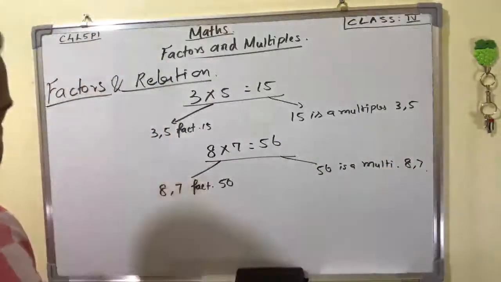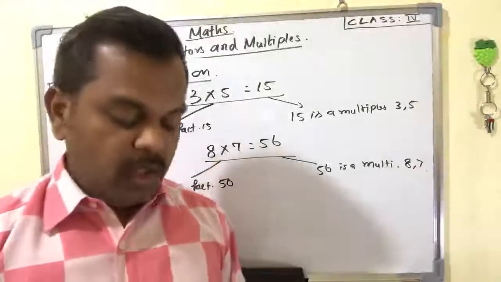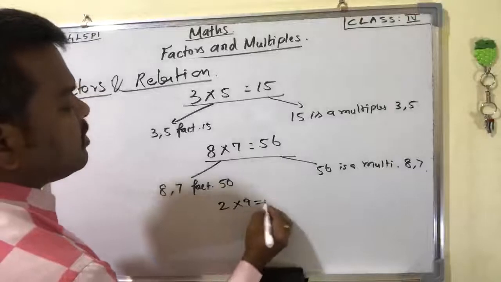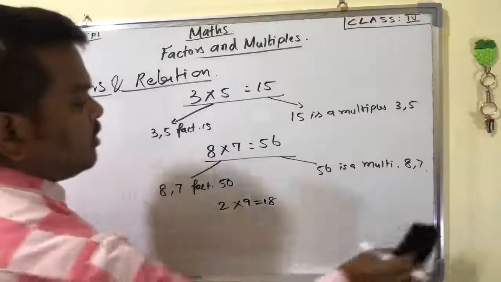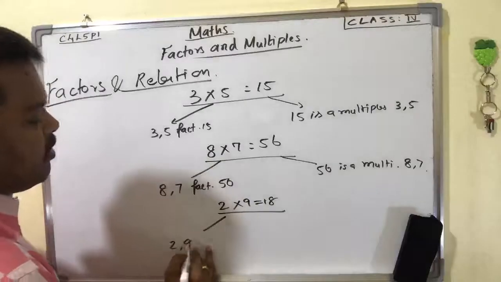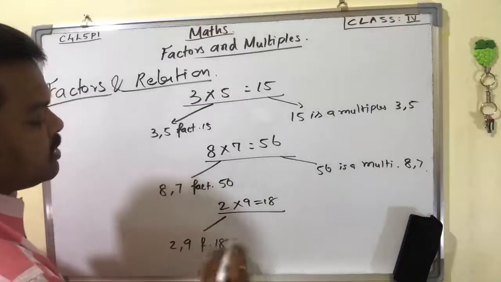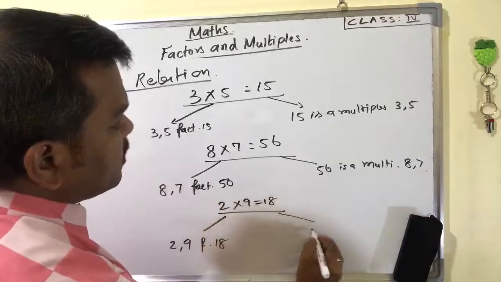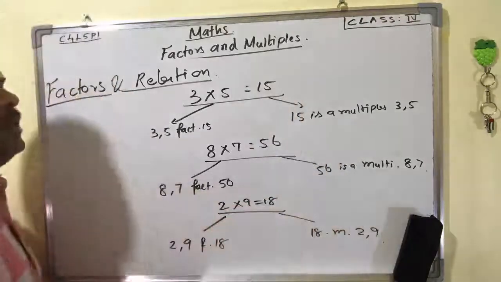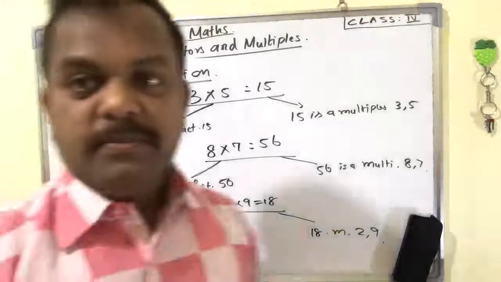Okay, one more also. 2 9s are 18. 2 and 9 are factors of 18. Here, 18 is a multiple of 2 and 9.